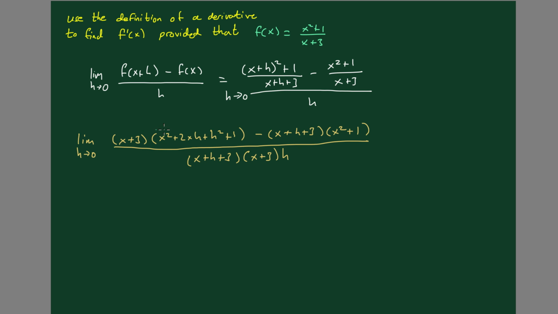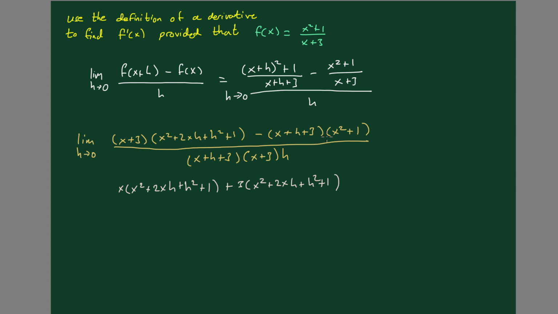We can distribute the x into this whole term, and that's going to give us x multiplied by (x squared plus 2xh plus h squared plus 1), and then 3 times this whole term, so that's going to be plus 3 times (x squared plus 2xh plus h squared plus 1).